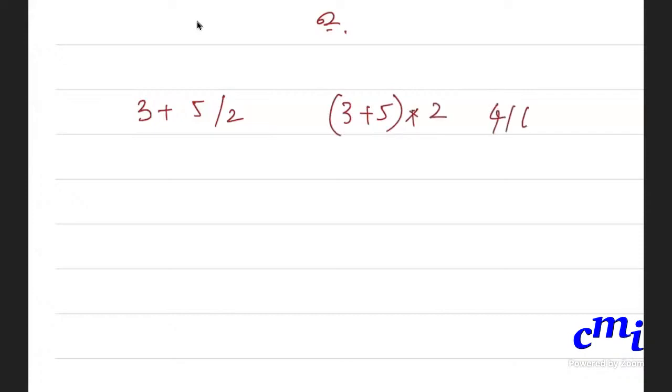Don't hesitate. Now we are looking at this postfix expressions example. Before I move to postfix expressions, let me look at expressions. We are considering arithmetic expressions of this form: 3 plus 5 by 2, 3 plus 5 into 2, 4 by 6 into 4, etc. For certain of these expressions I had to use parentheses, and for certain I did not.